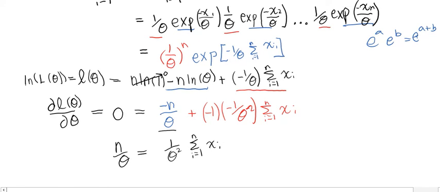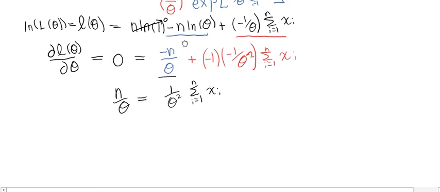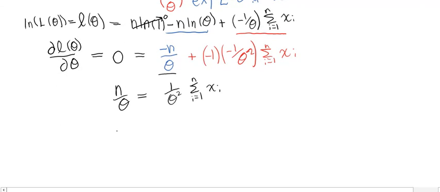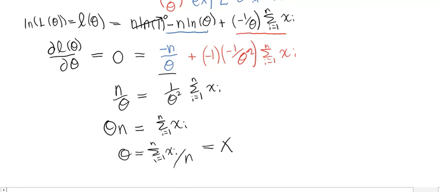We'll multiply both sides by theta squared, and this becomes n times theta equals the summation from i equals 1 to n of all the x's, and theta equals the summation of all of our x's over n, which ends up being x bar. And that is our maximum likelihood estimate for the exponential distribution.